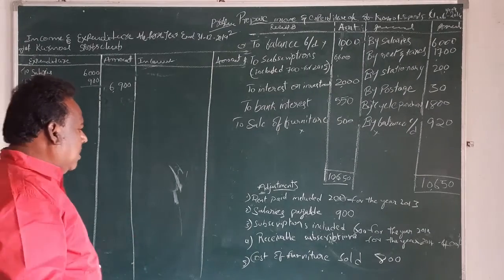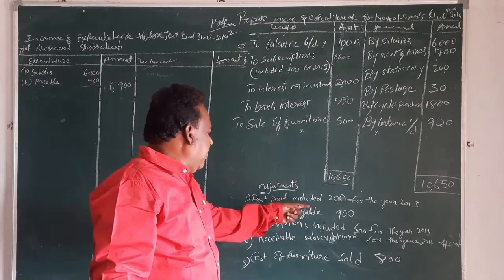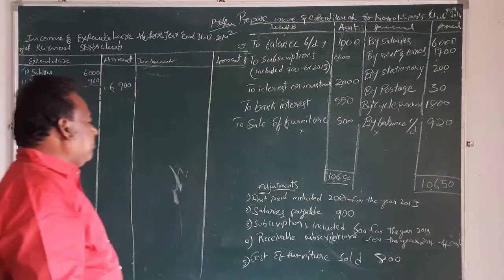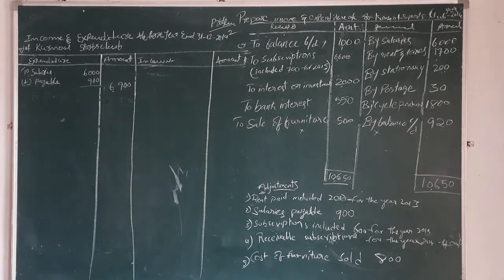Adjustment is there. Rent paid included 200 for the year 2013. Okay.